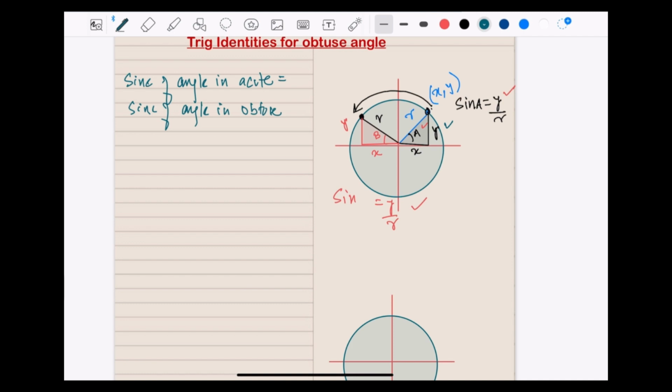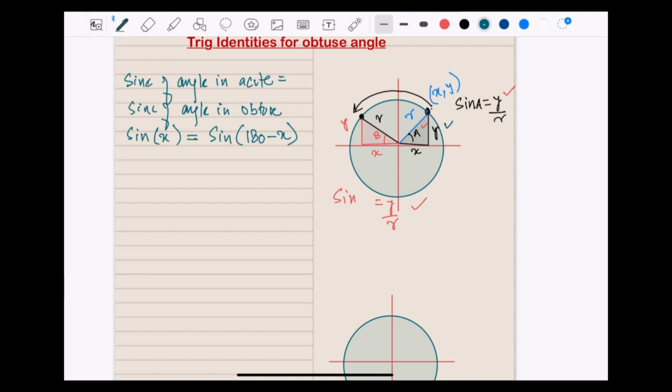And if you want to write it mathematically as an identity, I can say sine of, let's call it x, is the same as sine of 180 minus x. So both the angles in the acute quadrant and in the second quadrant have sine exactly the same.